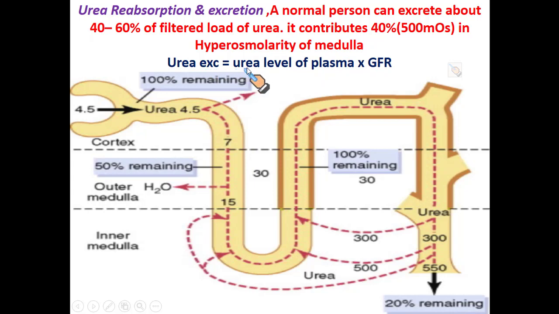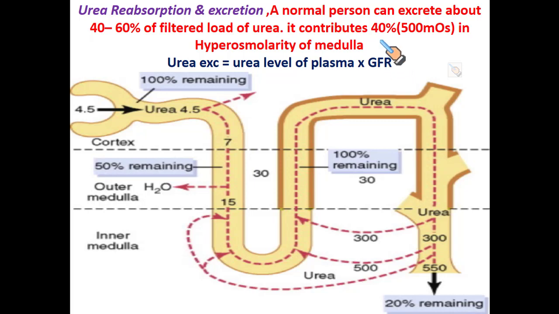Very important. If the kidneys are damaged and their GFR is going to decrease, that means the kidneys are damaged. They are not filtering properly from this area. GFR is damaged.